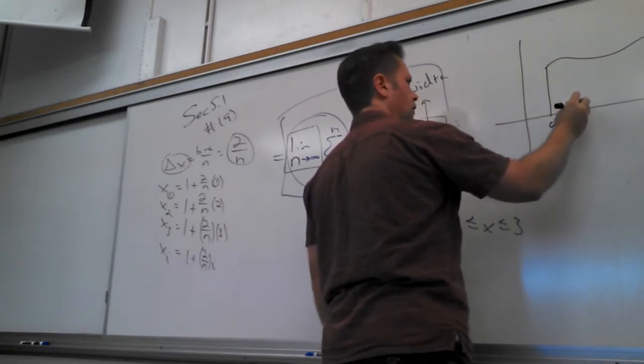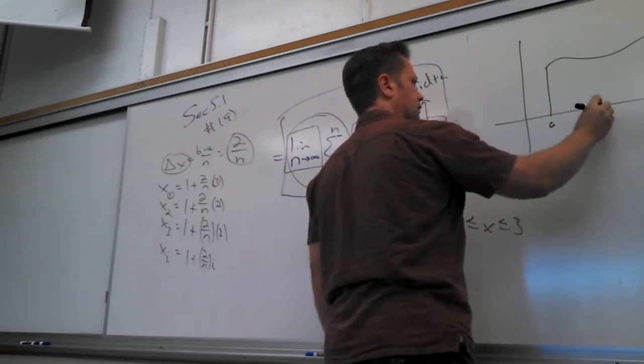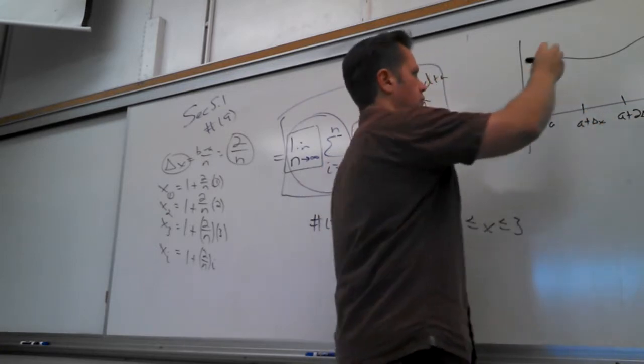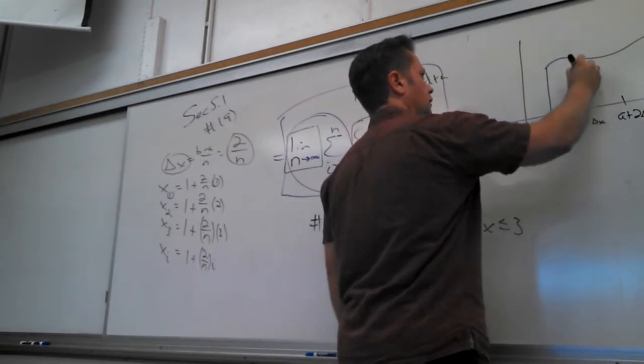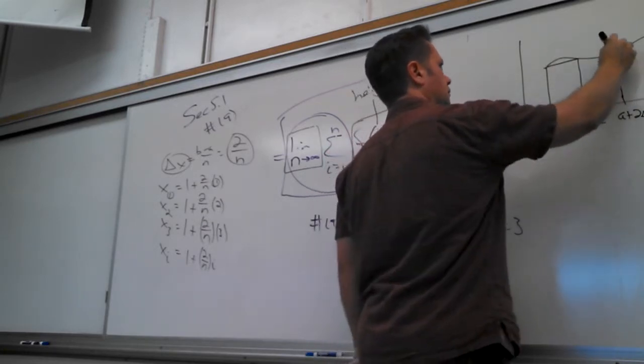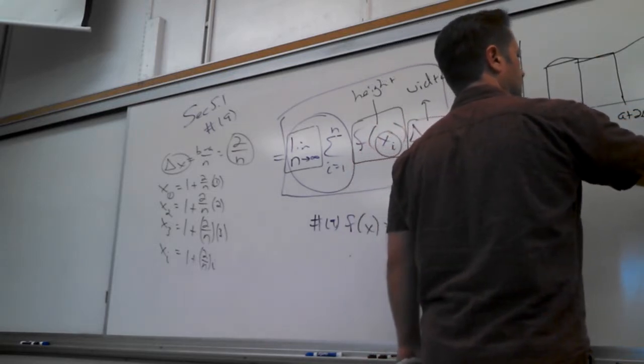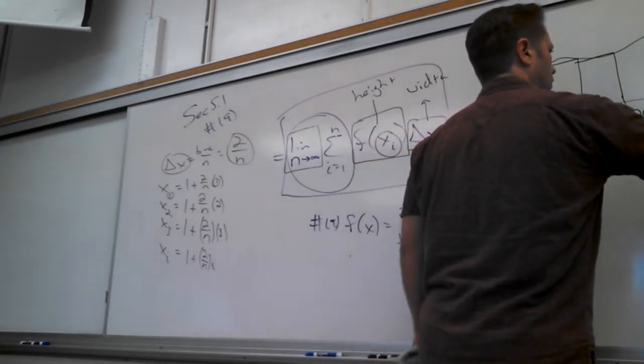So in this one, if I start at a, this would be a plus delta x. This would be a plus 2 delta x. Is that cool? Because the first rectangle would be there, and so forth, until you get to a plus i delta x, and then you eventually get to b.